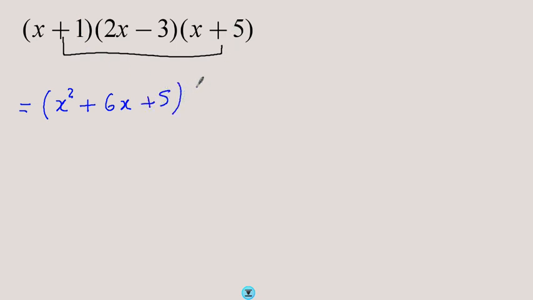And then this bracket is multiplied by 2x minus 3. Now, again, we notice that this is a quadratic, and this is a linear.